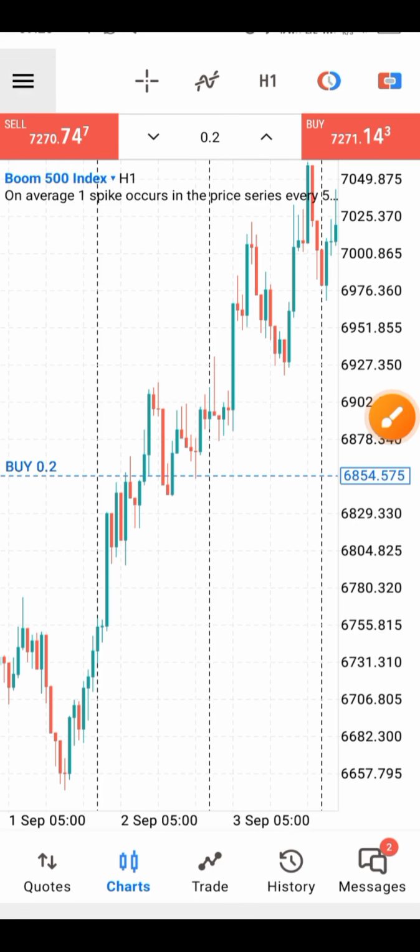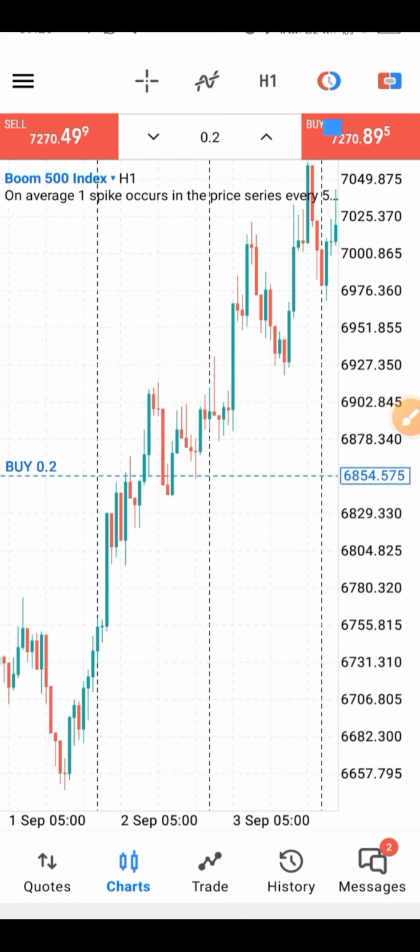But it may not be gap, it may not be imbalance on the smaller time frame. But that's why I always use daily time frame, 1 hour and 5 minutes for entry. You understand? So this is how it happens.